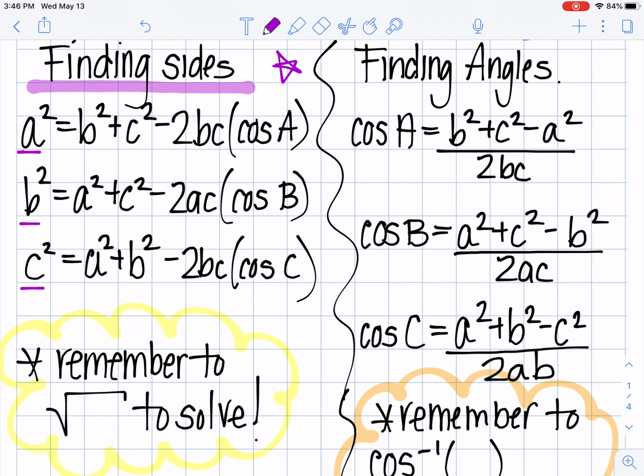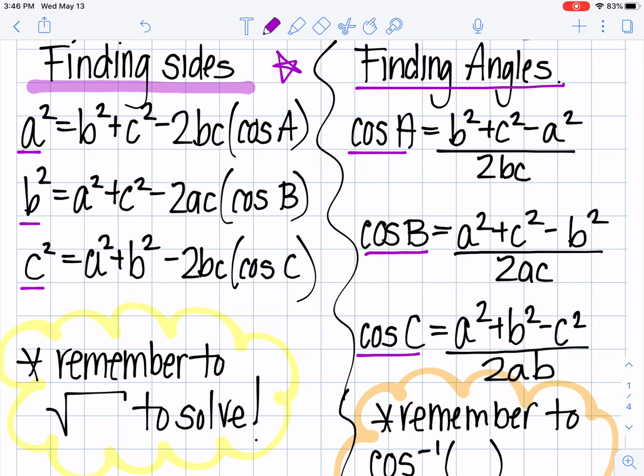What I did for you is solve each equation for when you need to find angles, so you have these separate formulas over here and you don't have to do all the solving. When you want to find angle A, you use the formula that says cosine A. For angle B, the one that says cosine B. And for angle C, the one that says cosine C.